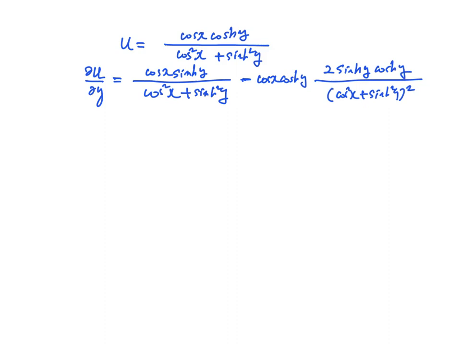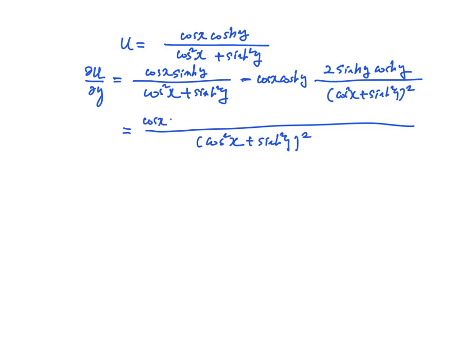So I think we are getting faster. Cosine square x sine hyperbolic square y square, cosine x sine hyperbolic y, cosine square x sine hyperbolic square y, minus twice cosine x cosine hyperbolic square y sine hyperbolic square y.